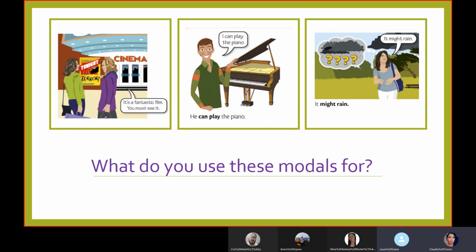You can also think about talents you have. And usually when we're talking about hobbies, we use can. So for example, I can take pictures, I can swim, I can sing, things like that, because it's usually an ability and skill.